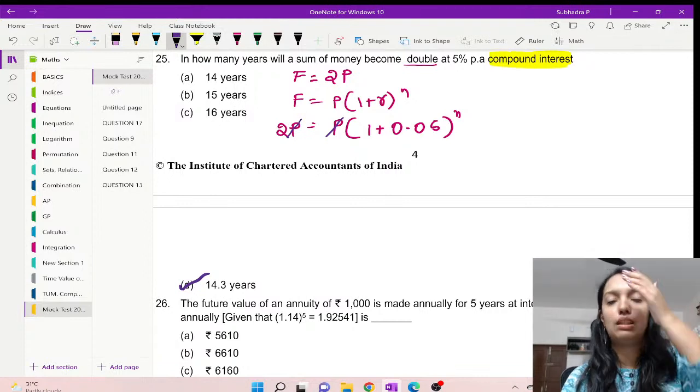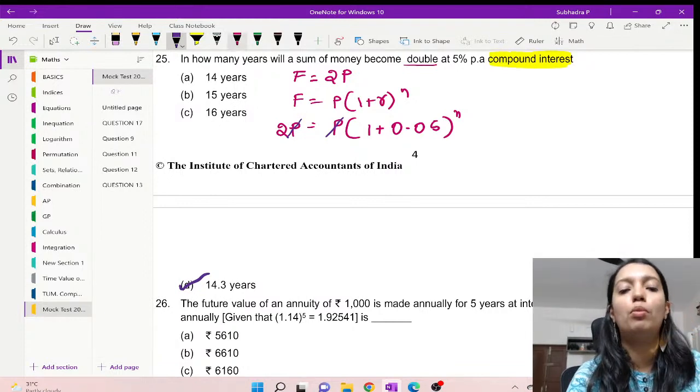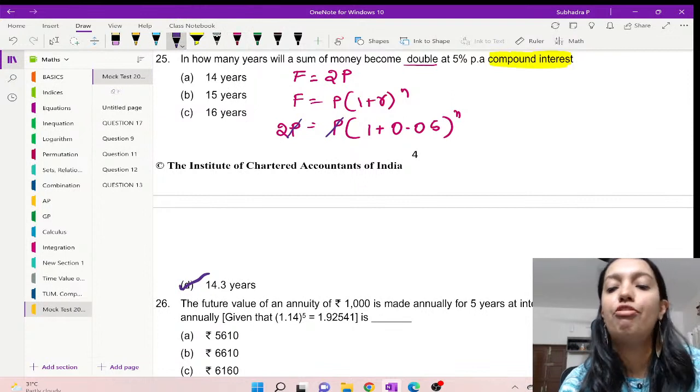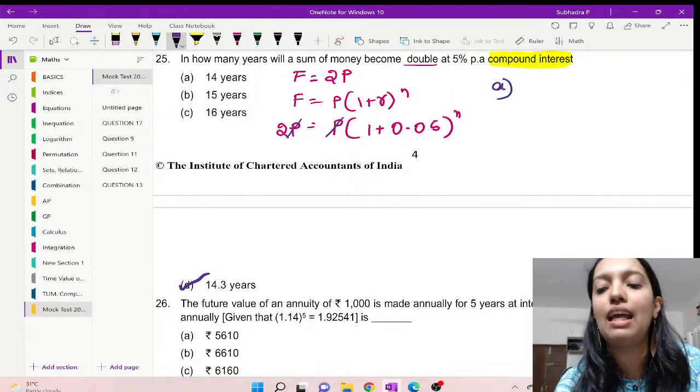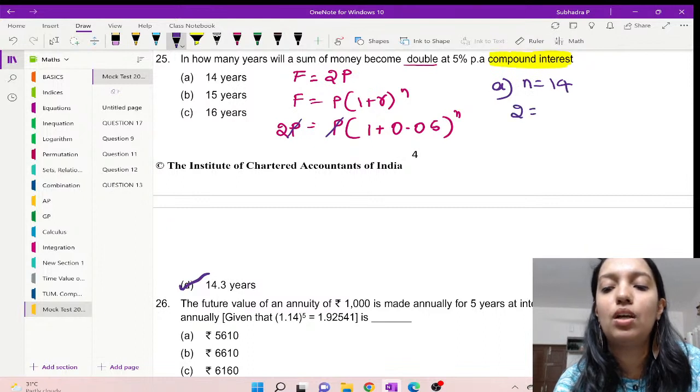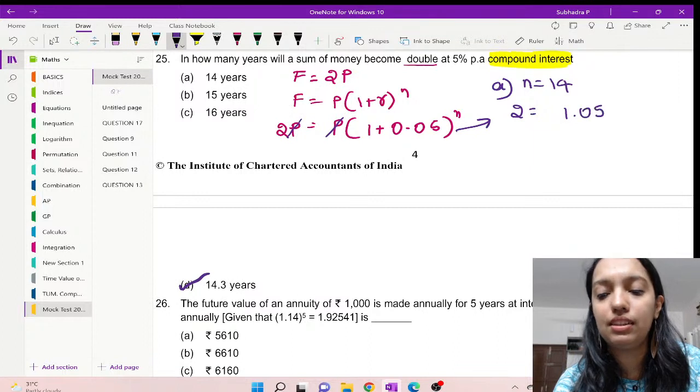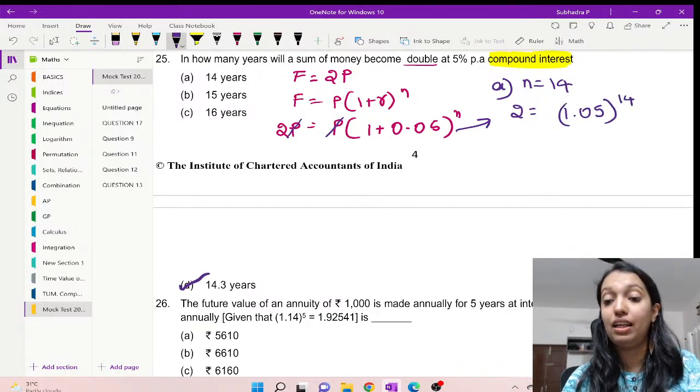So if you have to substitute this, let us take the option hitting method. Let's try from option A. If I take n as 14 years, so this will be 2 is equal to, I am writing this formula here, 1.05 whole to the power 14. Correct? Am I getting 2?